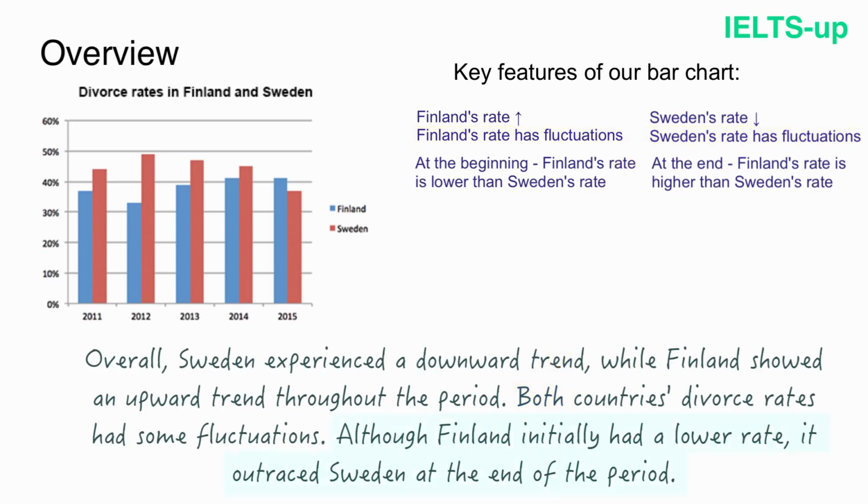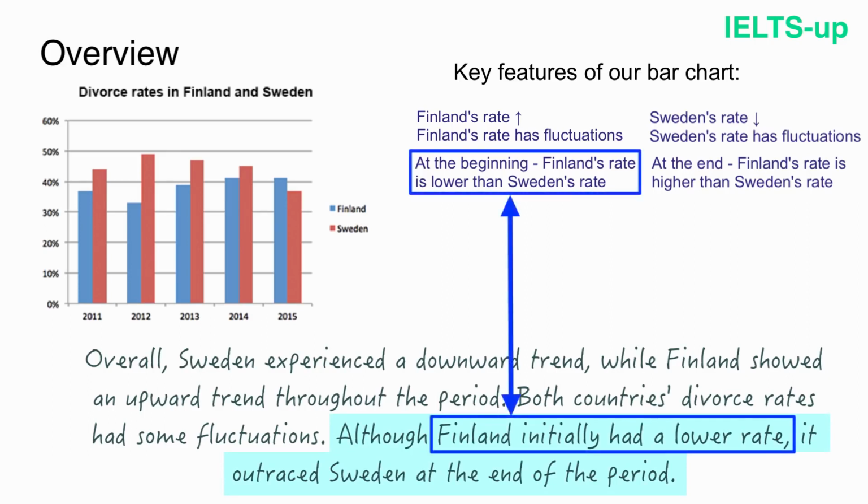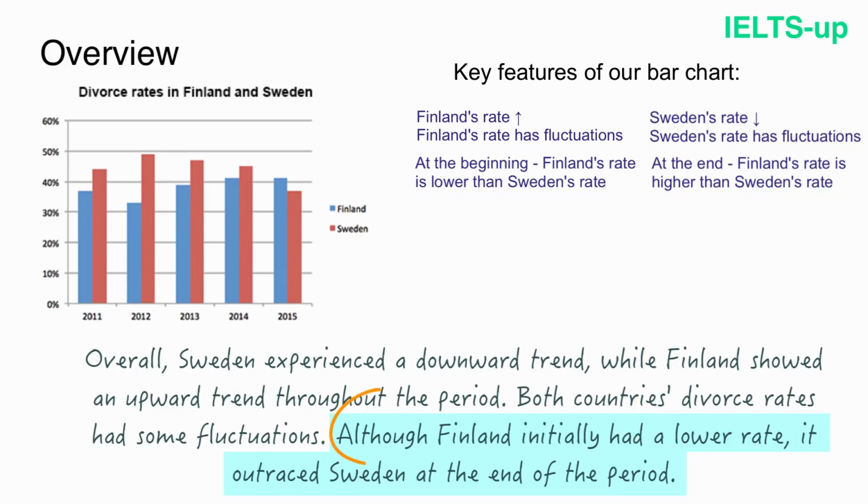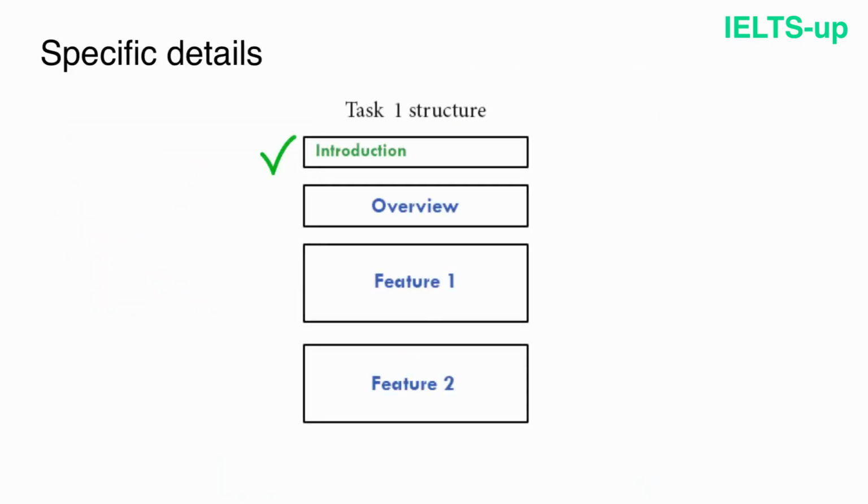And finally, I compare rates of Finland and Sweden throughout the period. Since initially Finland's rate was lower than Sweden's rate, but then it changed, I used the linking word although. Although Finland initially had a lower rate, it outraced Sweden at the end of the period. And that's all with the general overview paragraph.